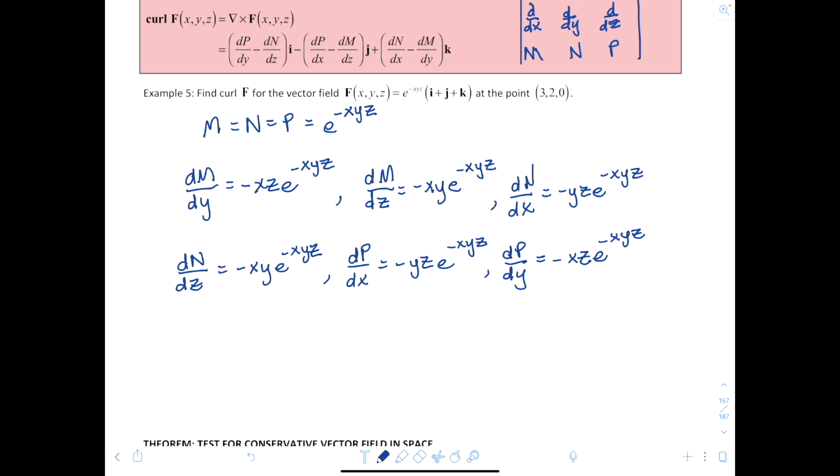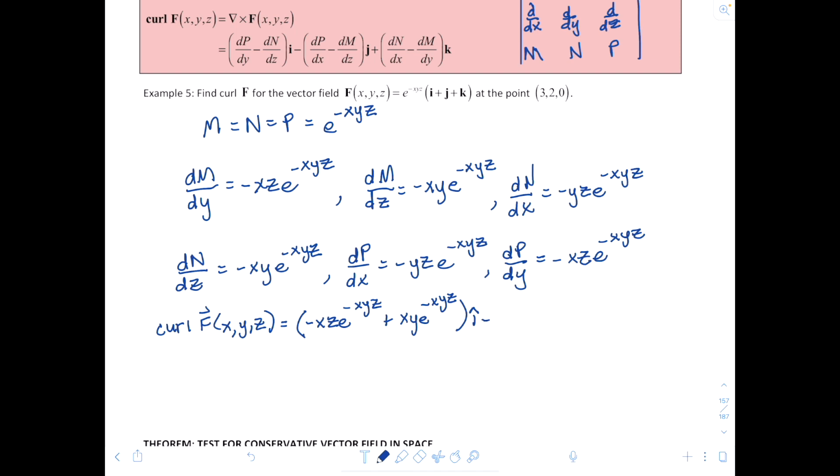The curl of this vector field F of x, y, and z is equal to, so dP/dy, we'll have negative xz e to the negative xyz minus, so it'll be a plus because they're all negative, dN/dz was xy e to the negative xyz, that's times i.